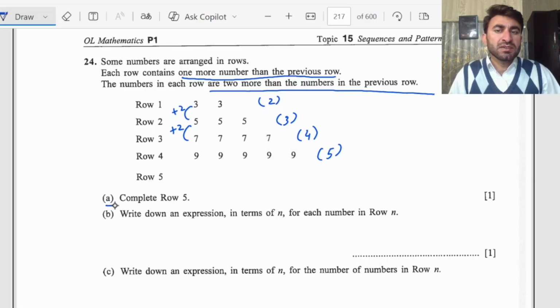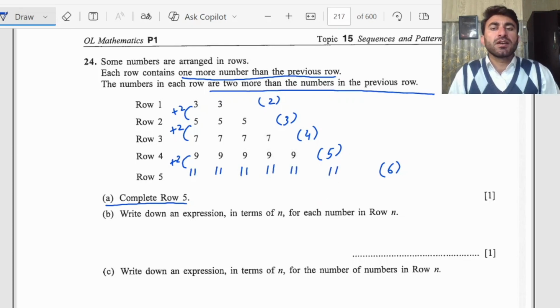In part a it said complete row 5. We know it will be a number 2 more than 9, so it will be 11, and it will be repeated 6 times because the number of numbers is increasing by 1 every time. So row 5 is 11 repeated 6 times.